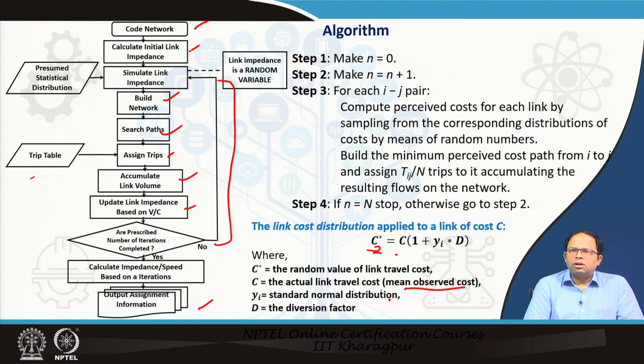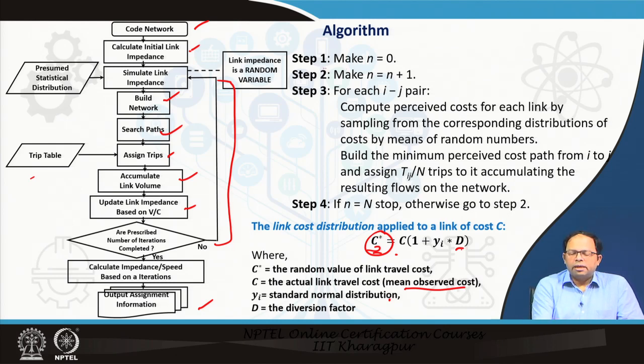You remember the standard normal distribution. d is the diversion factor that we adopt, and this gives us a random value. From this factor we can get a random cost value for a particular link, which, because of the random number, will more often be near the actual cost, and then we can use this cost to build the network that we are talking about.